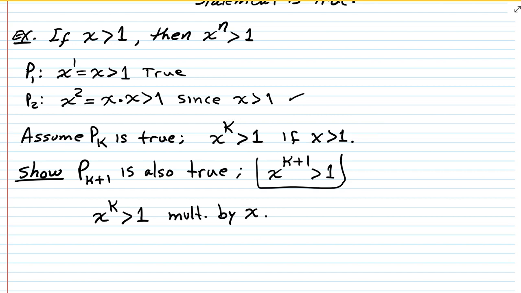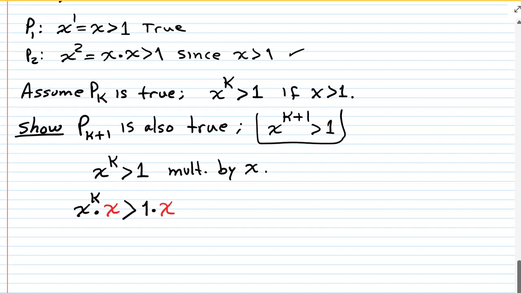On the left side, we get x to the k times x, and this is going to be greater than 1 times x, because I'm multiplying both sides by x. And x is positive here, we're told that, so I don't need to change the direction of the inequality.